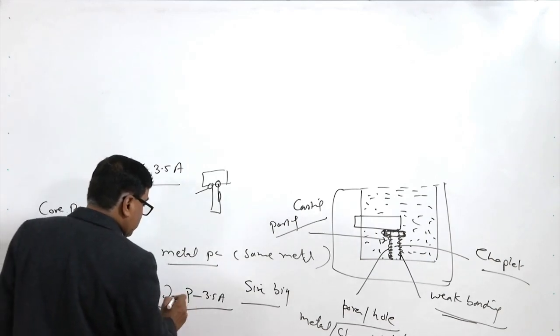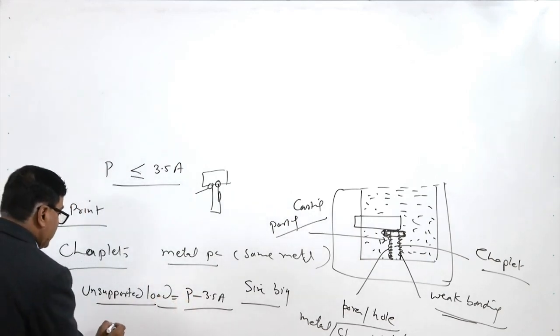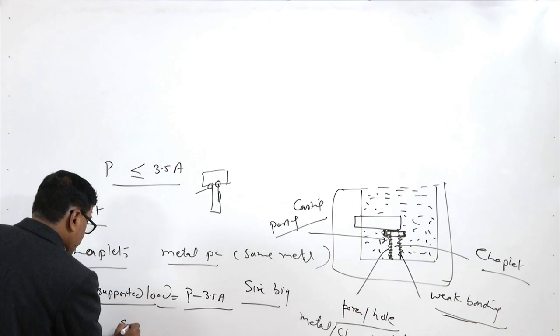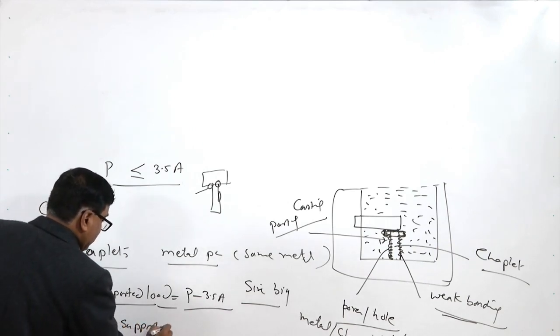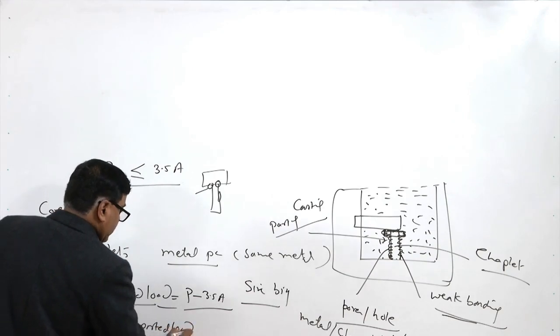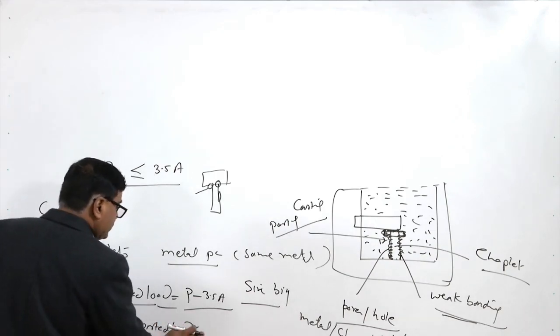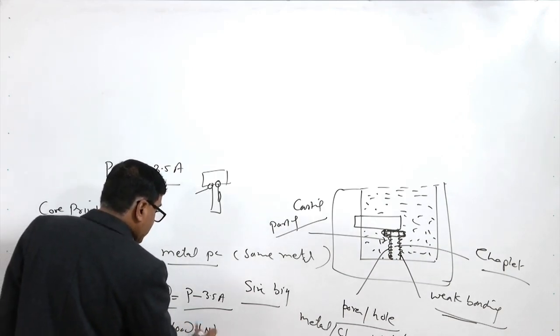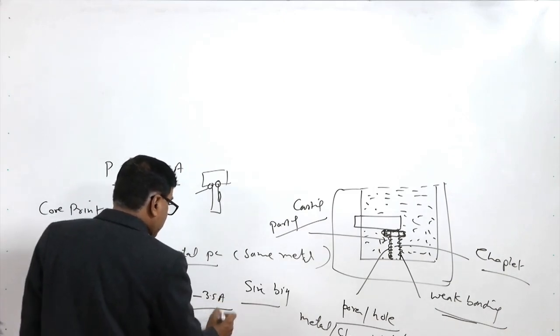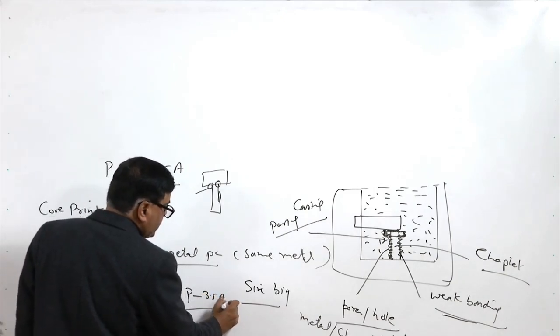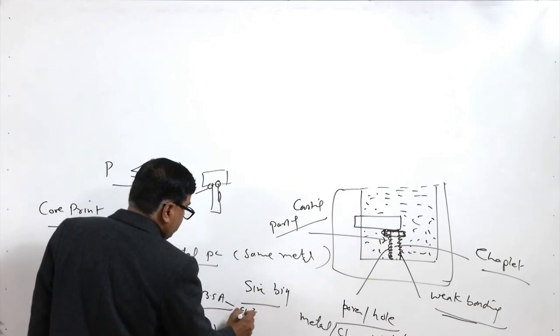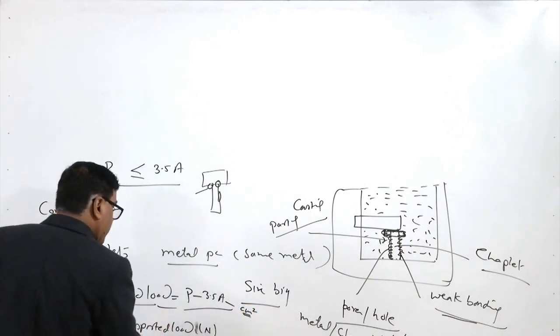Once this magnitude of the unsupported load is obtained, the unsupported load minus 3.5 into A, is in Newton, where A is in centimeter square.